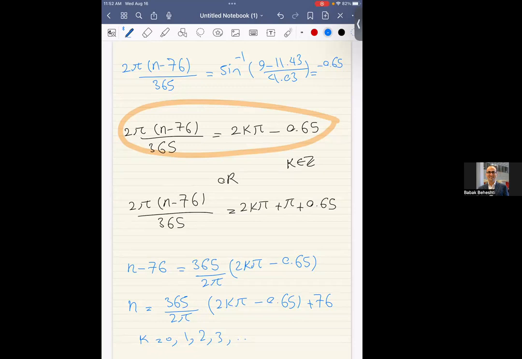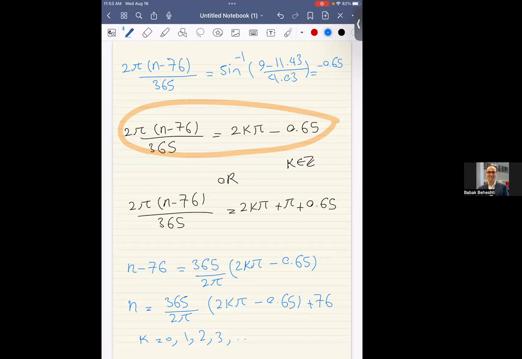Now, can you tell me what is n for the first 3 values of k? k equal to 0, 1, and 2. If k was 2, then it would be 400. Would it make sense? Only k equals 1 makes sense.